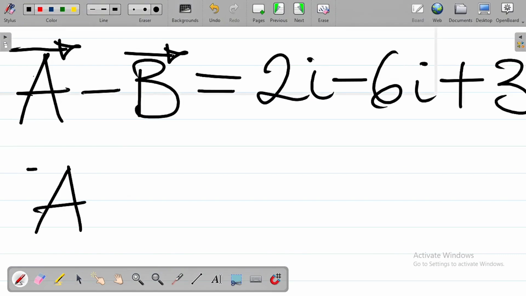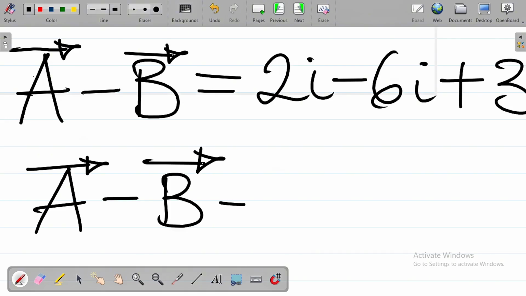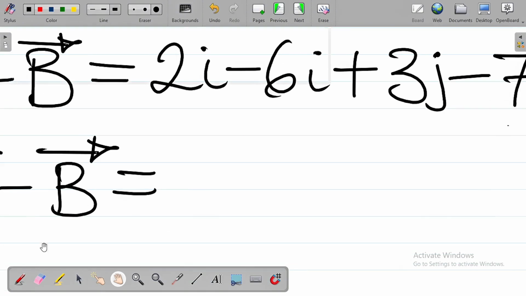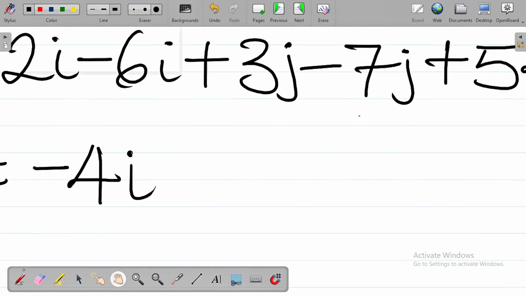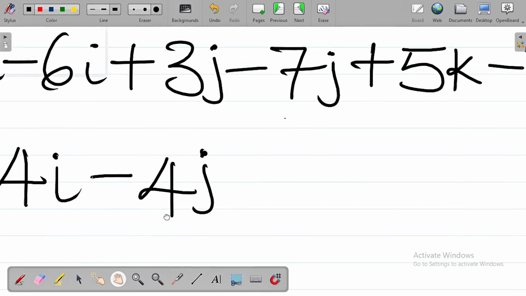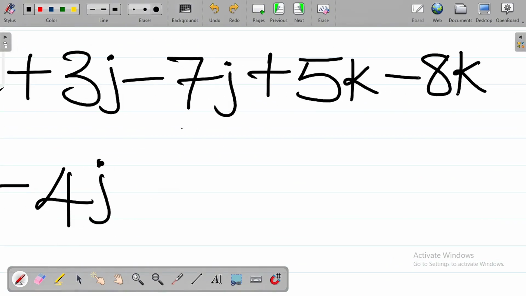So vector A minus vector B is equal to 2i minus 6i is minus 4i. And then 3j minus 7j is minus 4j. 5k minus 8k is minus 3k.